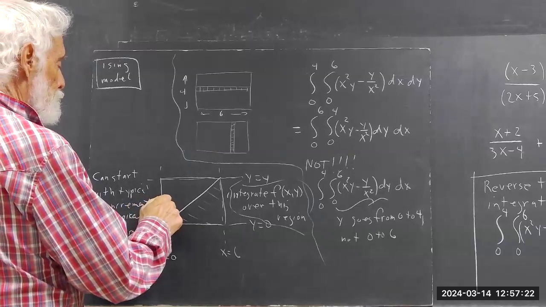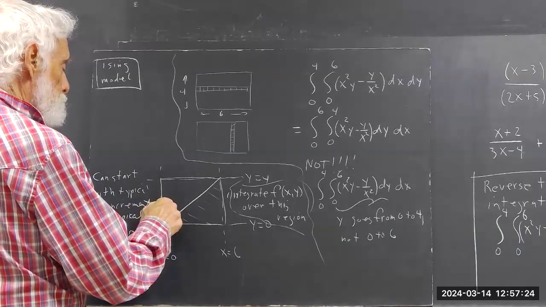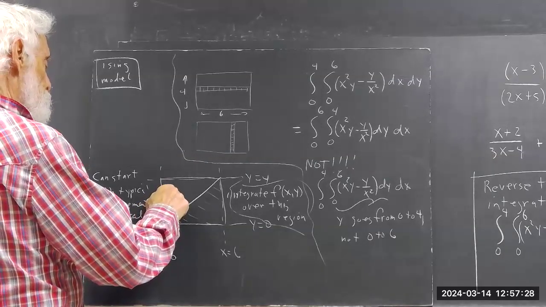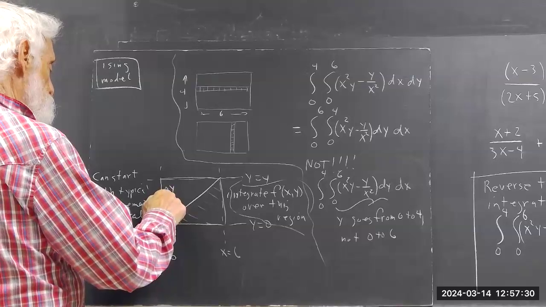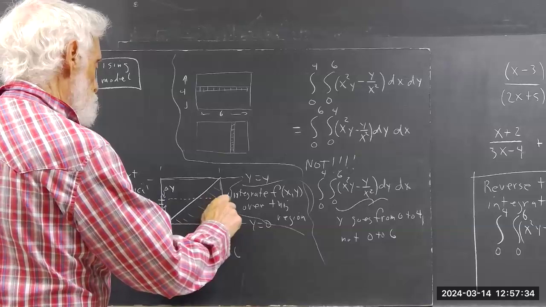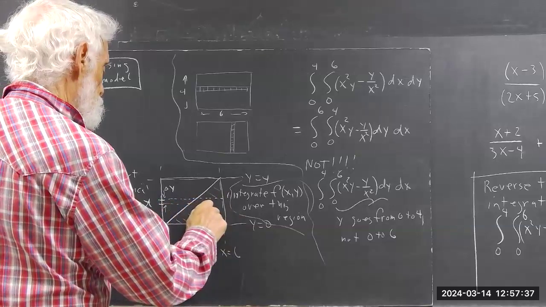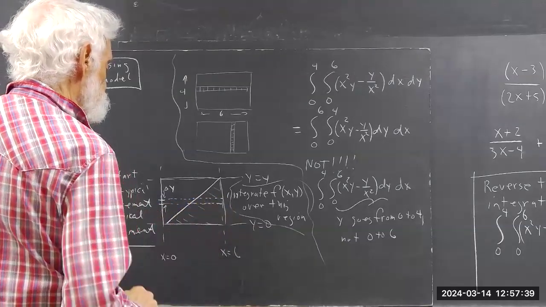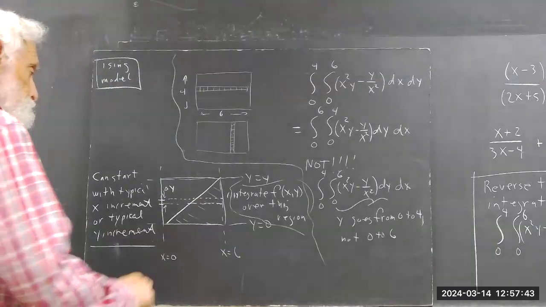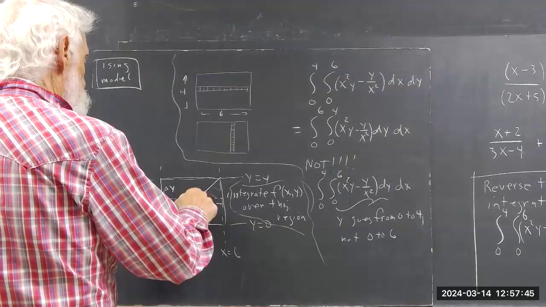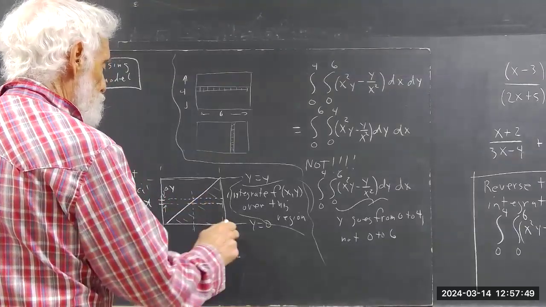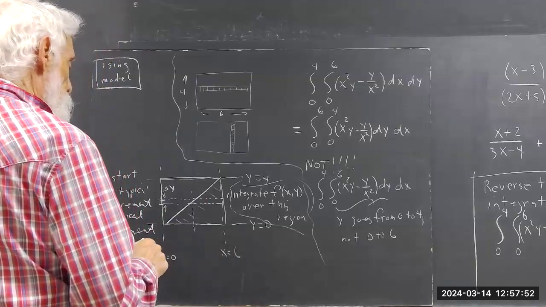Okay. So here's going to be our y increment. Now this is my delta y increment. Now my x values go from whatever sample point is in this leftmost increment up to x equals 6.